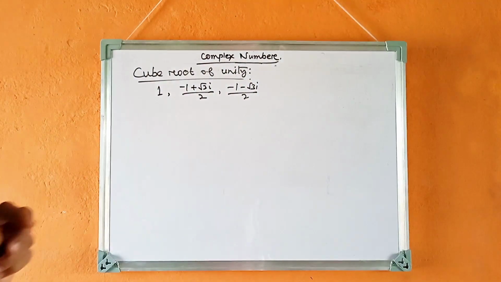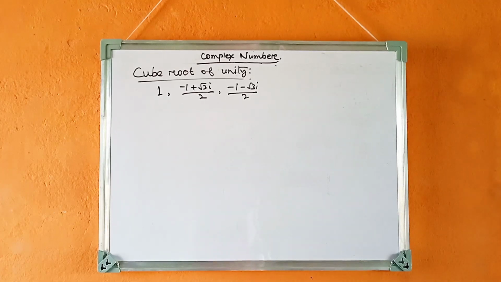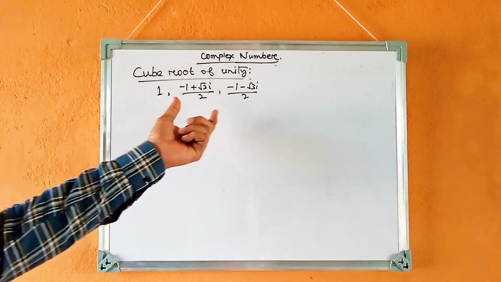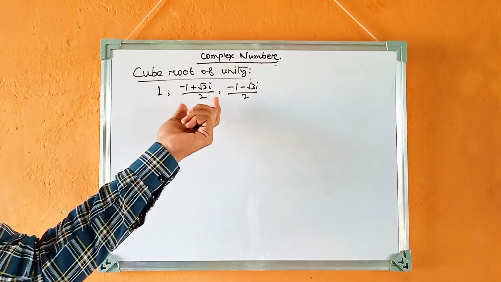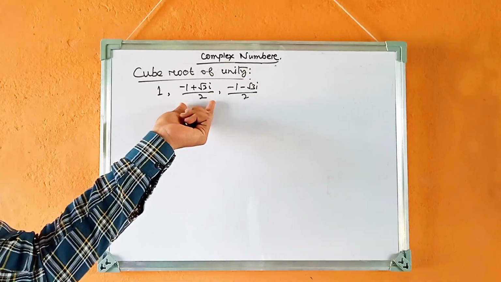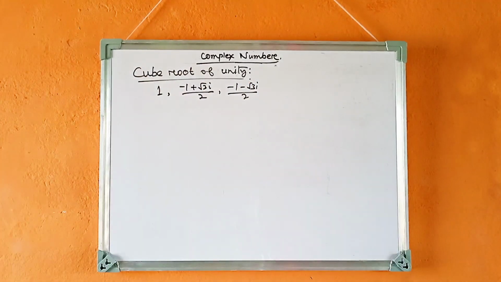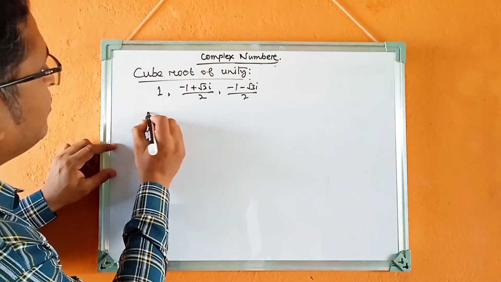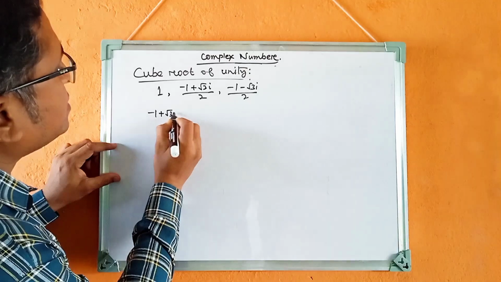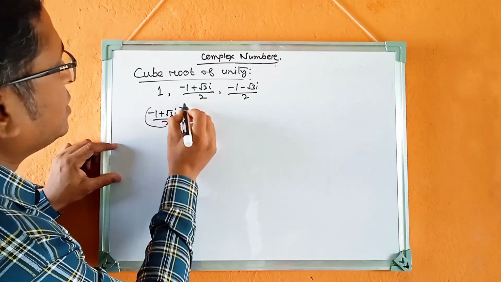Now some properties of cube roots of unity. First, if we square any of the complex roots, take this one, we get the other one. See how? Minus 1 plus root 3 i divided by 2, whole square.